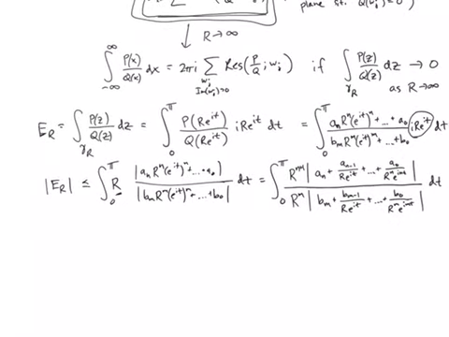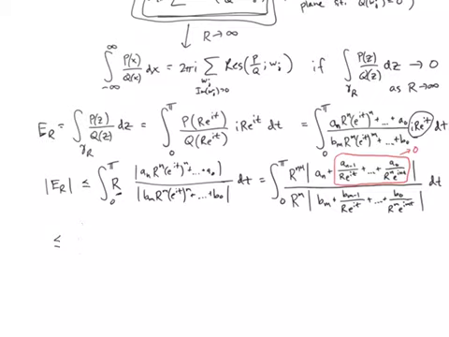And then when r is large, everything here is going to 0. Right? So this is all going to 0. So we can make r large enough so that all of that in absolute value is less than 1. So let me apply that. Let me pull the r's out.